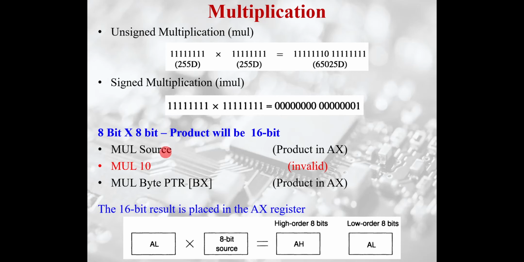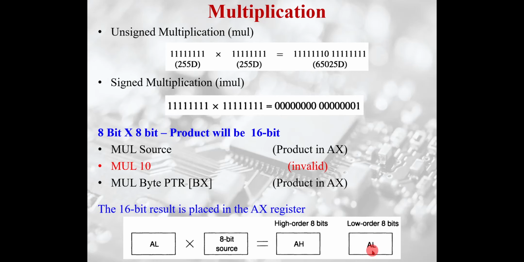You don't have to specify the other register, because by default AL will be taken as the other number for multiplication. So only one register needs to be specified, the other will be default, and once the multiplication is done, the result will be stored in AL.